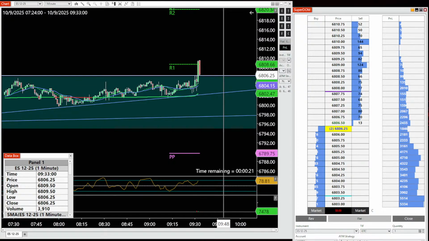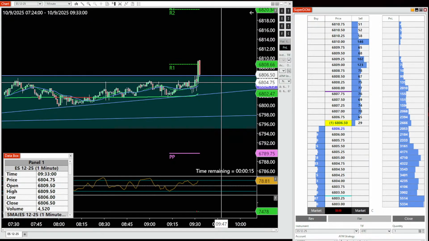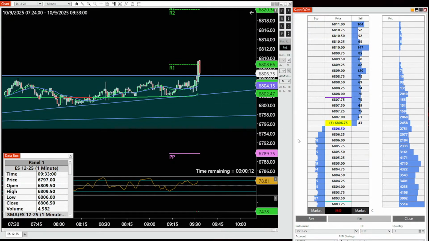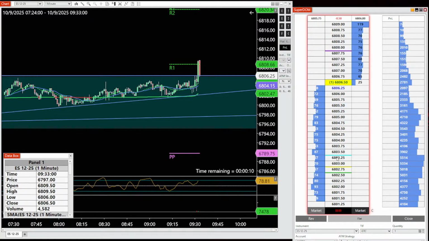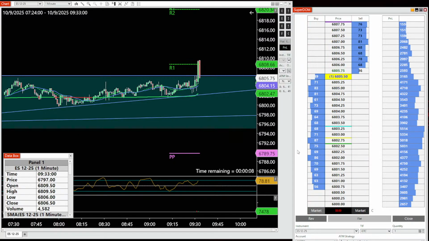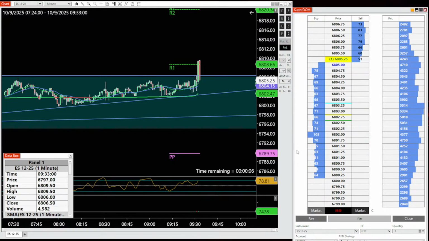Now we may hold the 5. Since that 5, they was putting the orders at 5. May hold the 5. May not, come back into that 3 down here, and retest.